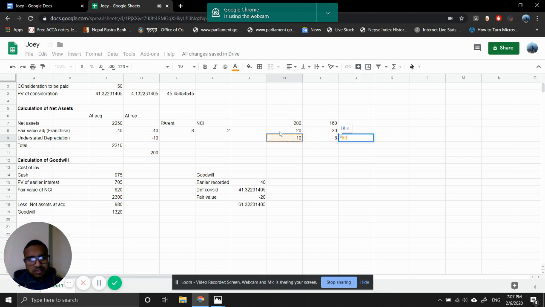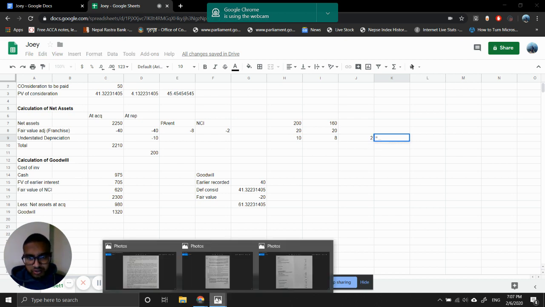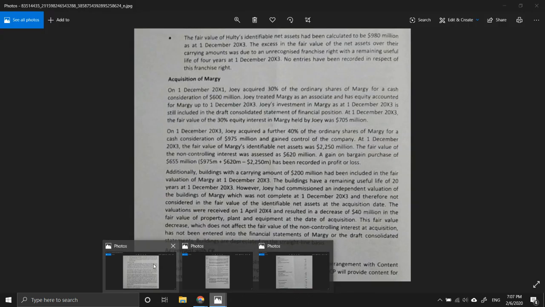So that means this minus this. 2 is the excess depreciation that has been charged, right? So PPE will be credited by 2 million, I mean debited by 2 million, and then that will be given to both of them based upon their holding percentage. So 2 will be distributed among parent and NCI.